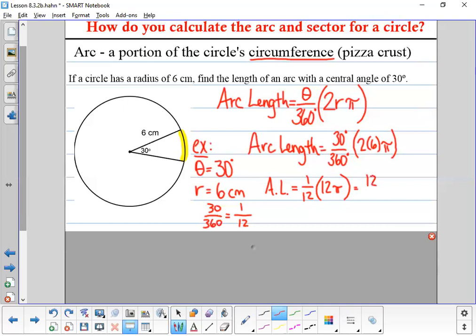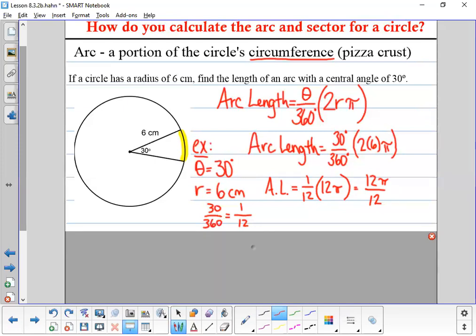So 1 times 12 pi is just going to be 12 pi, and then I'm dividing it by 12. If you like to think of it as doing 360 divided by 30 to get 12 and then just divide by 12, that's okay too. It's just that you won't always have an angle that nicely goes into 360.